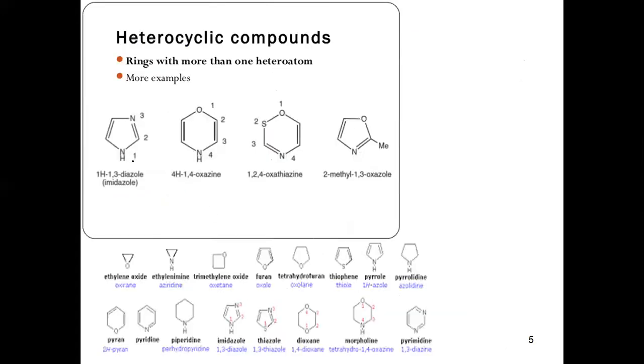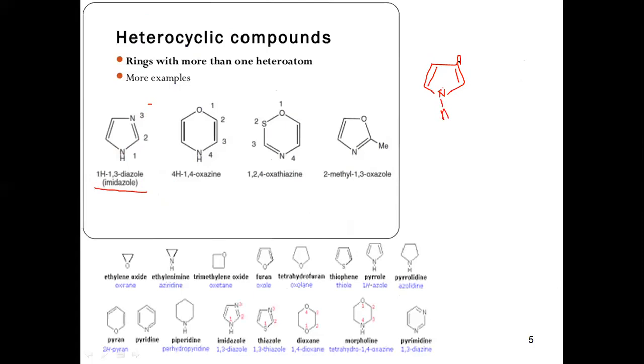Heterocyclic compounds can also contain more than one heteroatom. Here is imidazole, like pyrrole. In pyrrole there is only one nitrogen atom and the other 4 are carbons with hydrogen. It forms an aromatic structure and is simply called a pyrrole molecule.